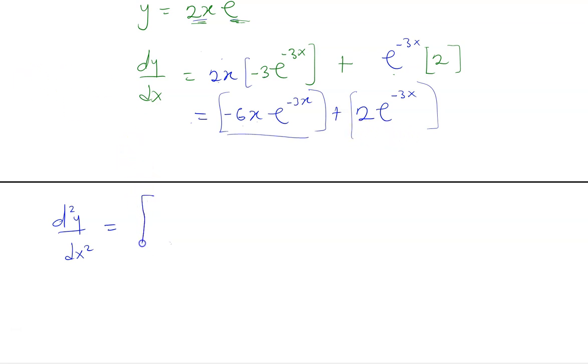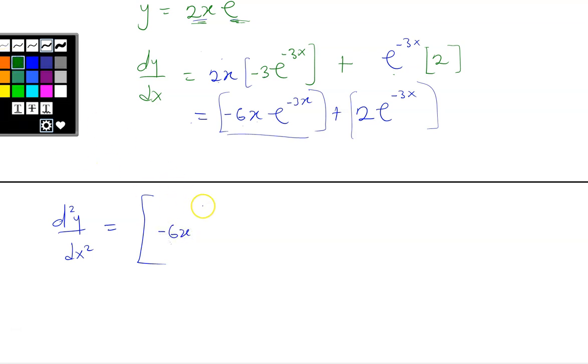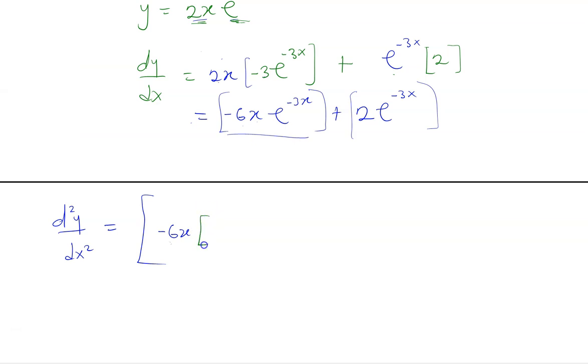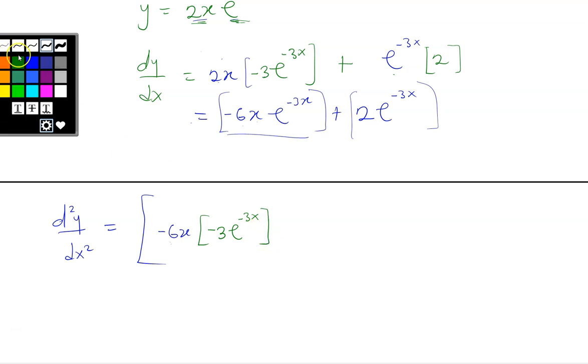If I'm considering the first one, I hold the negative 6x, and then I'll differentiate the e^(-3x). So I'm going to differentiate that one. How do I get? I'm going to get minus 3e^(-3x). Are you okay? Yes. So plus.